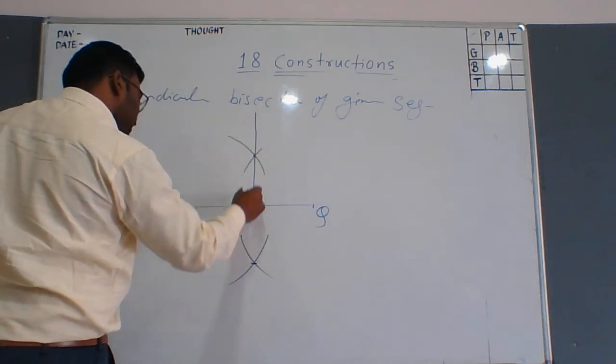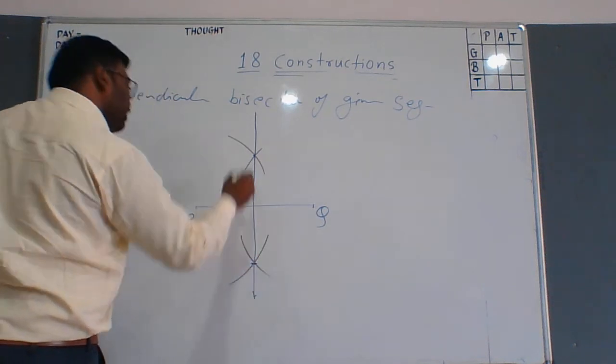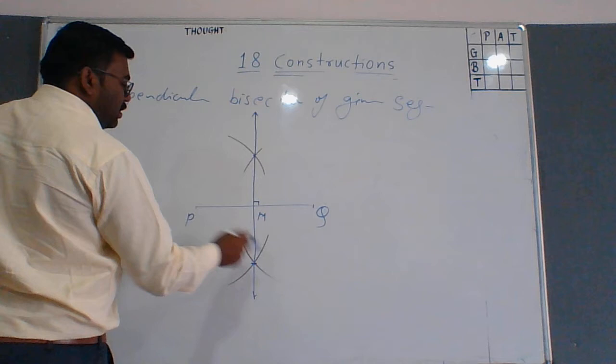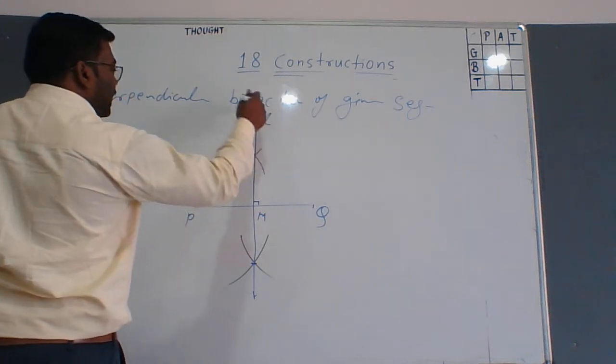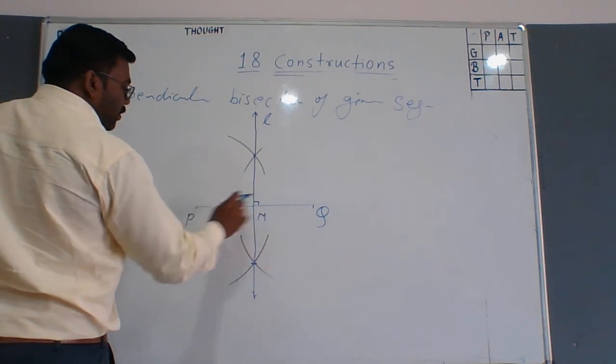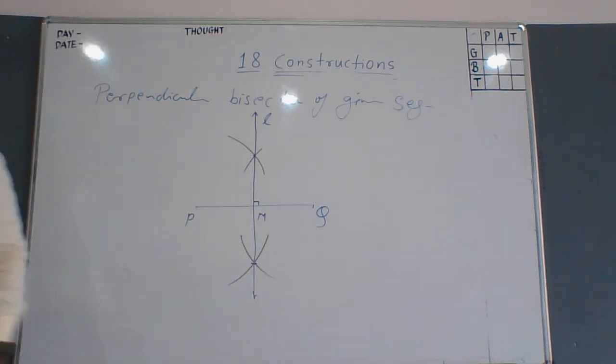Join these 2 points with the help of a scale. Now, this is the point M, which is on the perpendicular bisector. Line L is the perpendicular bisector of PQ at point M. Okay.